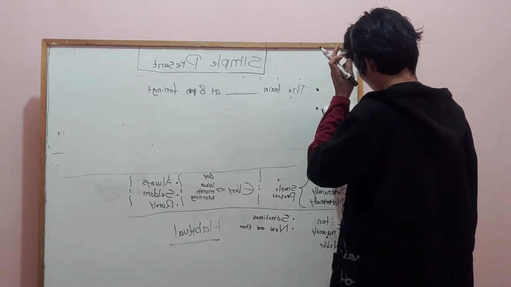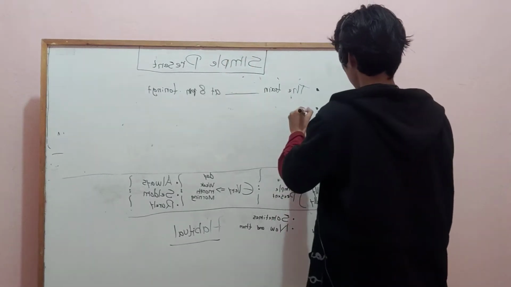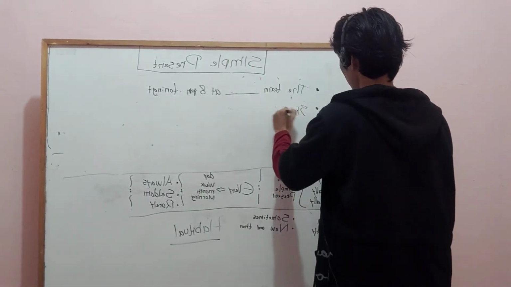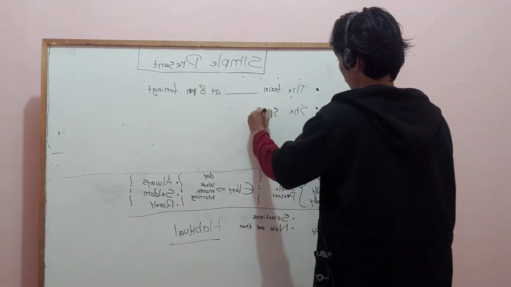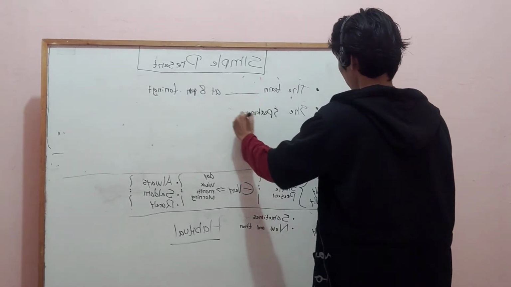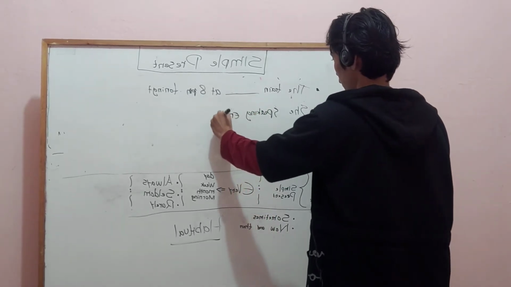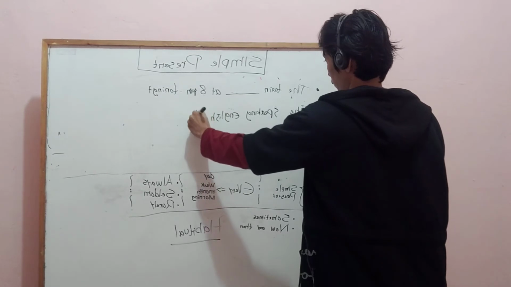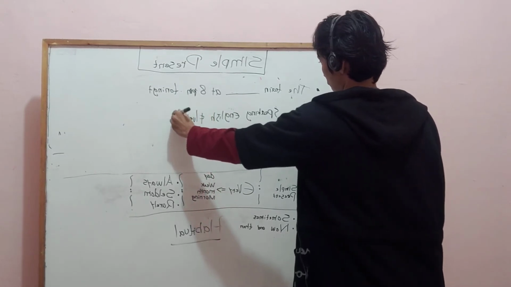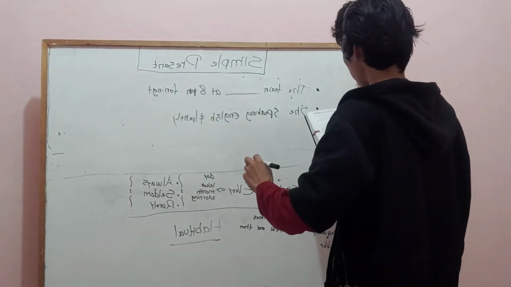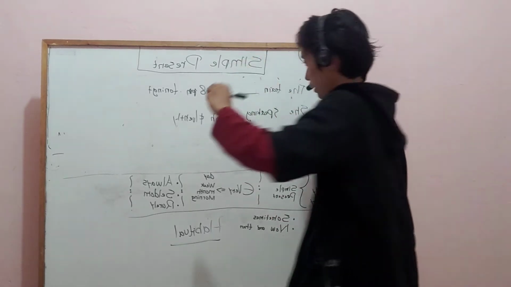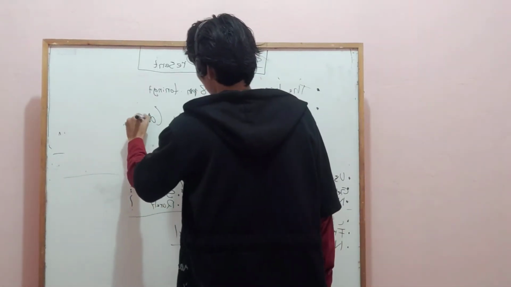So, sentence transformation. Let's say: she speaking English fluently. We're talking about an ability.